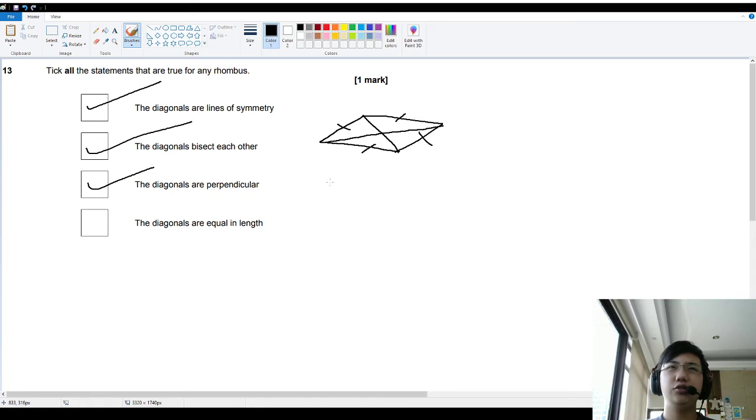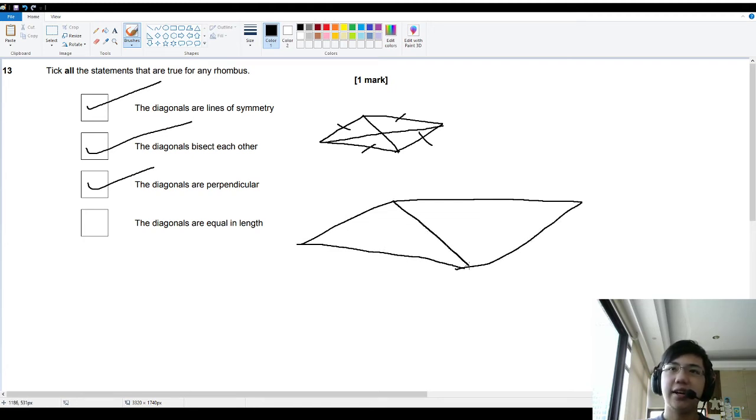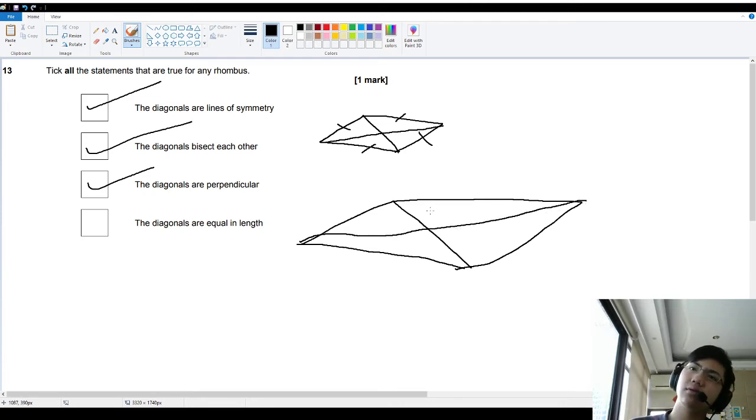However, the diagonals do not necessarily have to be equal in length, especially with longer rhombuses. Like this, like this, the diagonals can be of different lengths. So the last one is not true. And this is the answer: the first three options and not the last one.